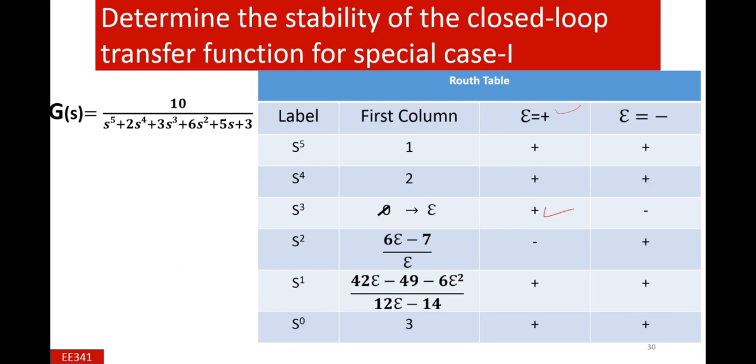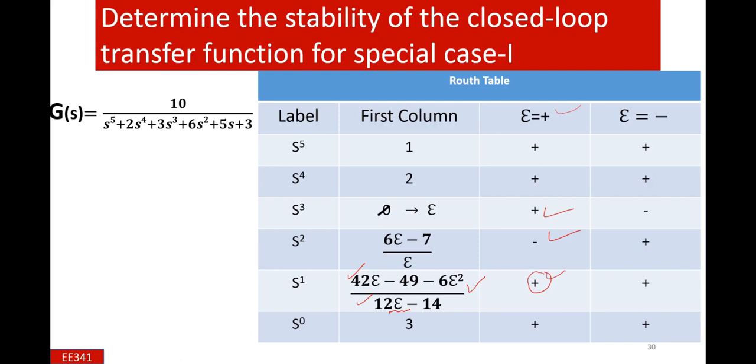When multiplied by 6, it is always less than 7, so the resultant will be a negative sign. And similarly, the sign of this term will be positive, because the negative sign from the numerator and the negative sign at the denominator cancel out, and resultantly we find a positive sign.